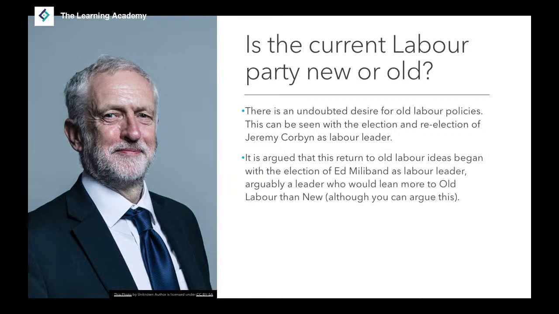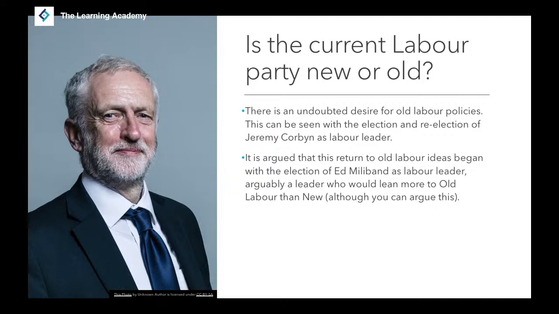Now, obviously, we could also talk about the fact that the return of old Labour can be seen through the election of Ed Miliband. So Ed Miliband isn't as traditional Labour as Corbyn might be.